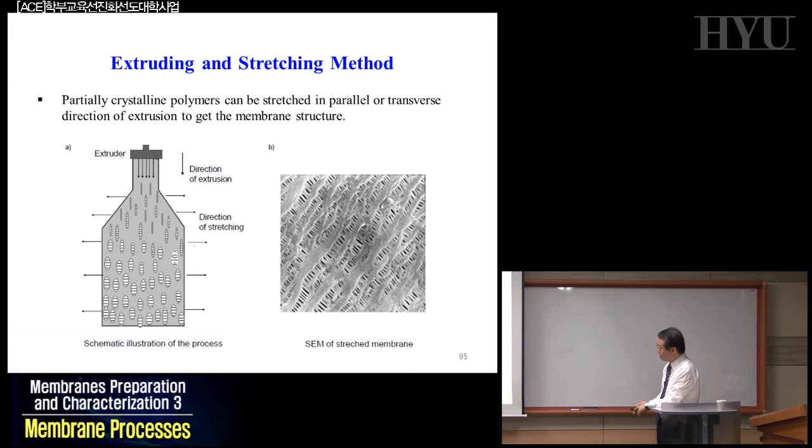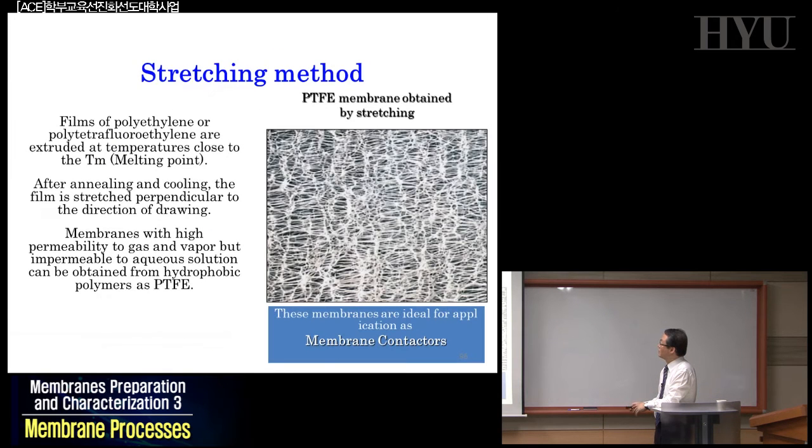Okay? And this is the case for a stretched membrane of polypropylene. Polypropylene or PTFE membrane is manufactured this way. This is the typical example of a Celgard membrane from Celanese. I think this is the PTFE membrane, and these points are gathered together, just like nerve cells.